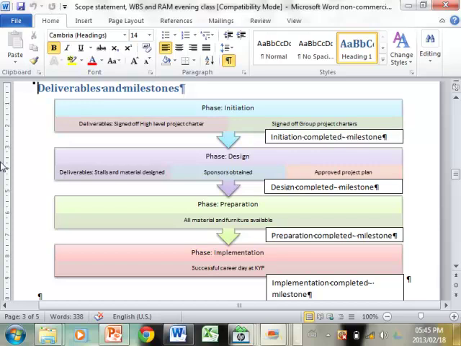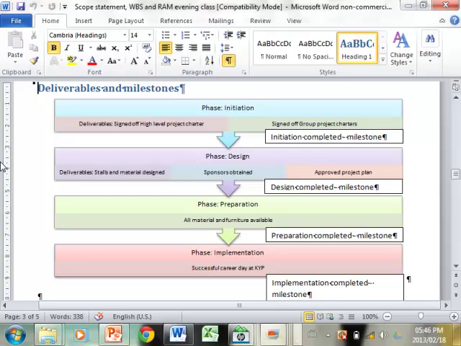All right, and then we talked about deliverables and milestones, and I tried to make it clear here. So these are the phases: initiation, design, preparation, and implementation, and then these are the deliverables. Signed off high level project charter, signed off group project charters, and that gives us the milestone, which is initiation completed. Then here we have stalls and materials designed, sponsors obtained, approved project plan, and so that's the design milestone completed.